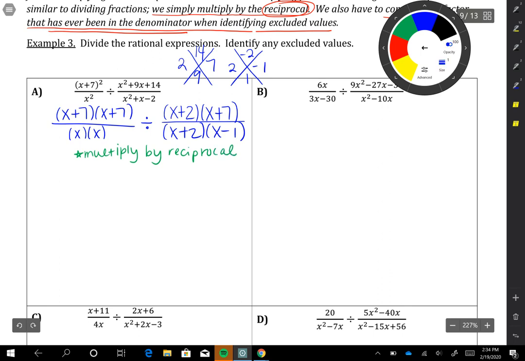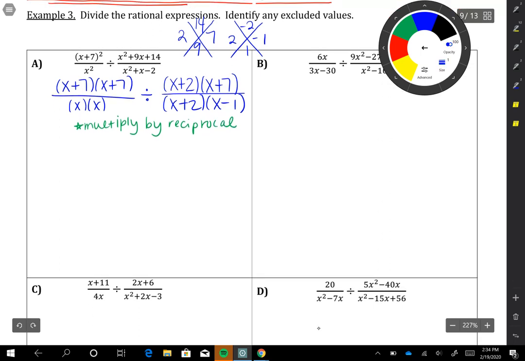Okay, so the first fraction is going to stay. So leave everything we have there: x plus 7 times x plus 7 over x times x. You are going to change this to multiplication, and then you are going to take the reciprocal of your second fraction.